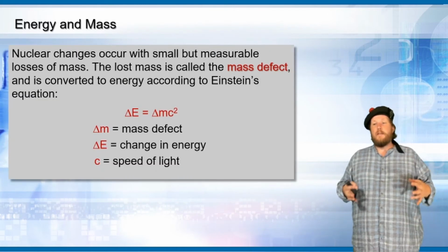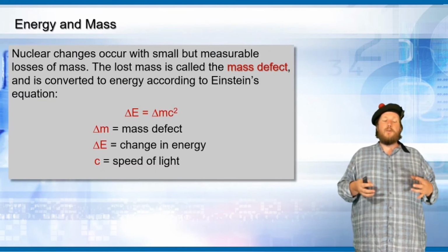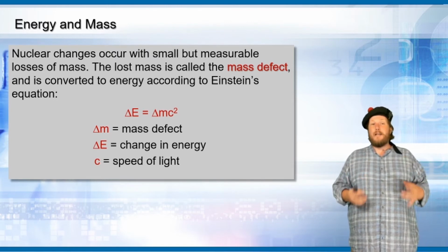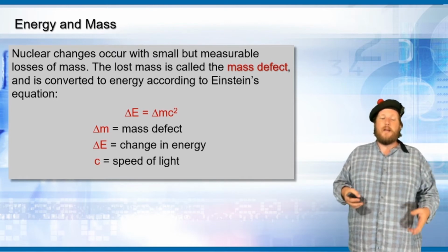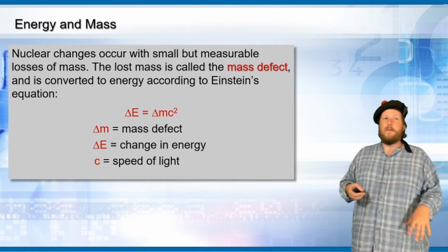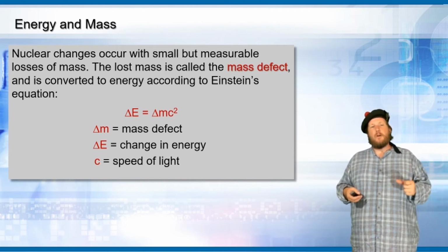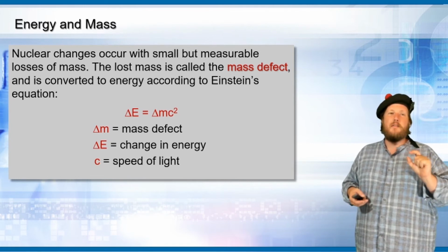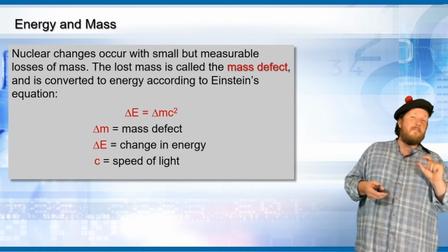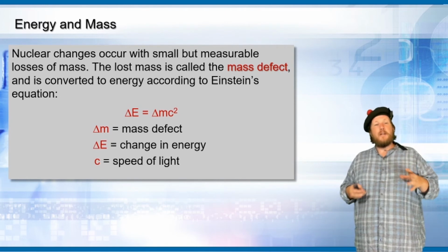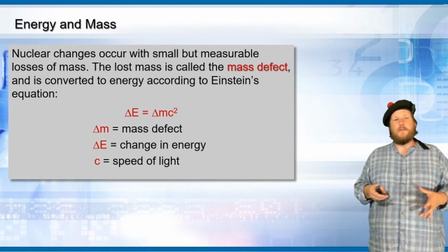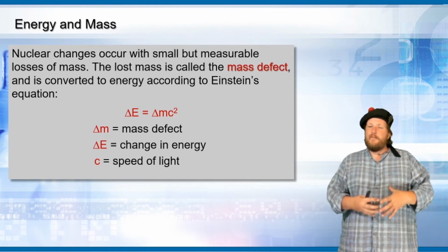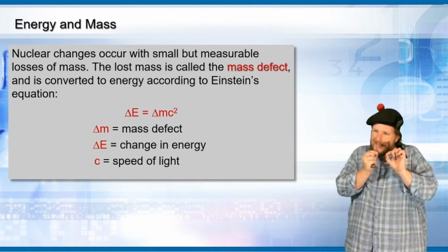All of this is related to Einstein's E equals mc squared, or delta E equals delta m c squared. Nuclear changes occur, and when they occur, you get small but measurable losses of mass. This loss of mass is called the mass defect, and it's converted to energy according to Einstein's equation. Every time fusion happens, you lose a tiny bit of mass.